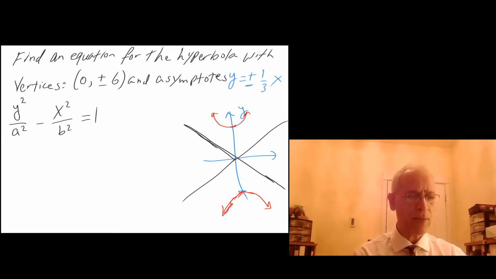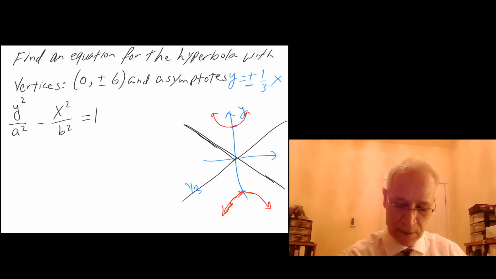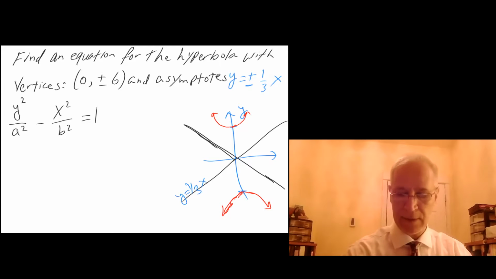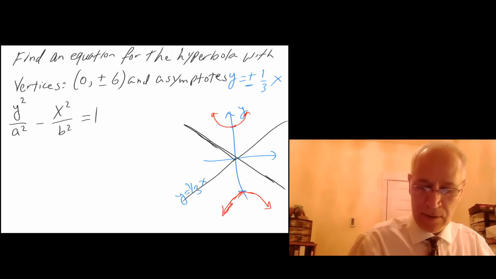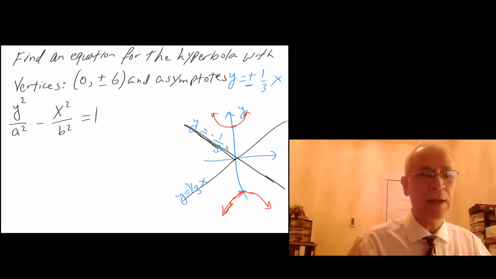Okay. So what information can I squeeze from these two asymptotes? I know that the one that is going up is y equals 1/3 x. The one that is going down is y equals minus 1/3 x.